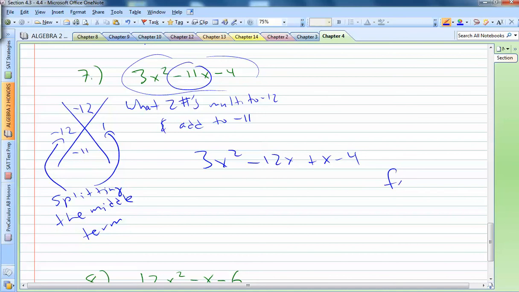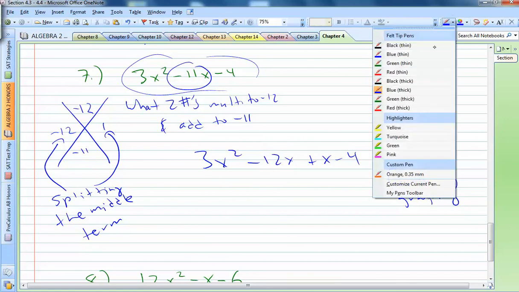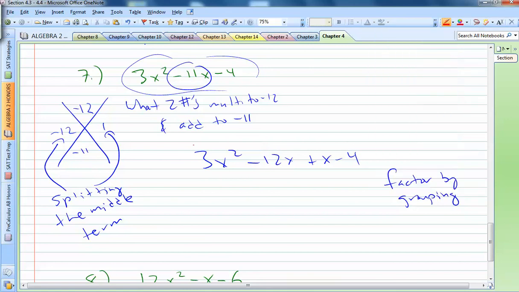Now, we do something called factor by grouping. Factor by grouping is something you can do when you have 4 terms. And it's really easy. All you do is group the first 2 terms, group the last 2 terms, leave the plus in the middle, and then pull out common factors from each group. So the first group, the common factor is 3x, so I get x minus 4. Nothing's in common between x and negative 4, so I'll leave a 1 on the outside.